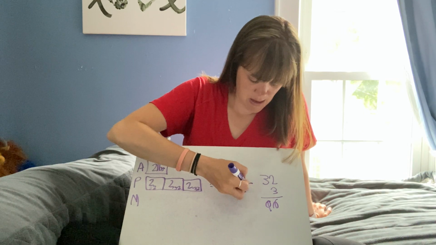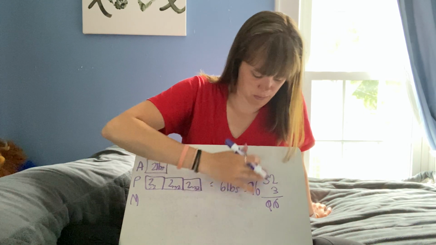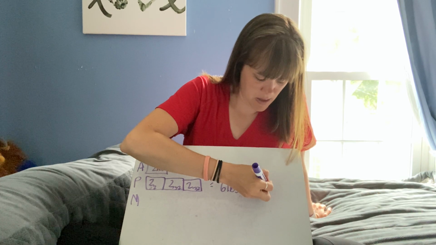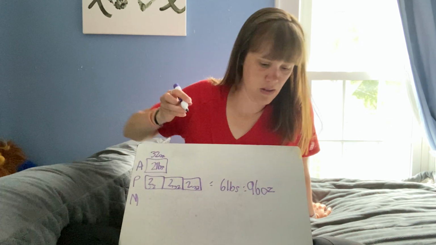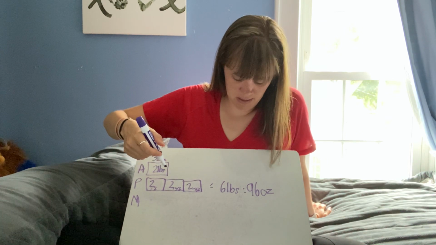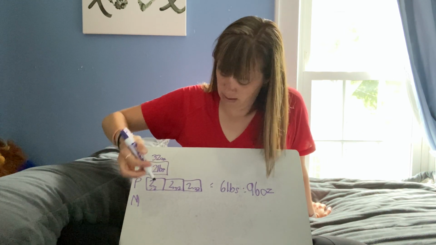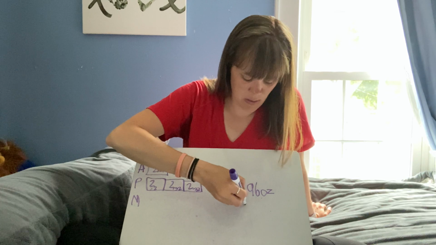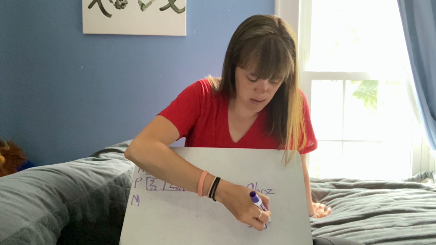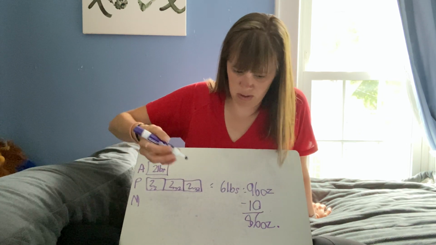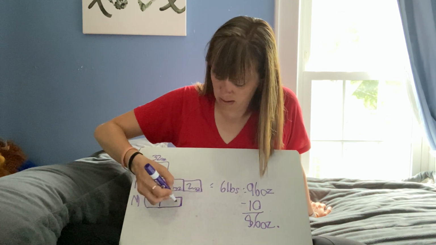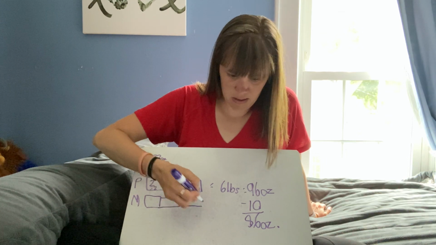So that's 96 ounces. All right. So now we can figure out the melons. It says it is 10 ounces less. So we have 86 ounces. So there's our answer.